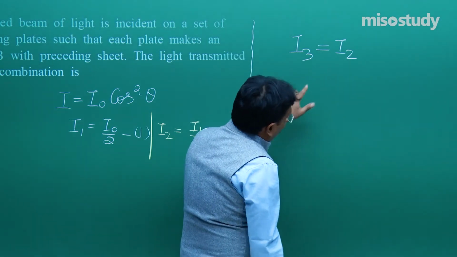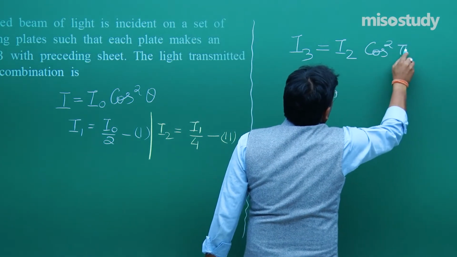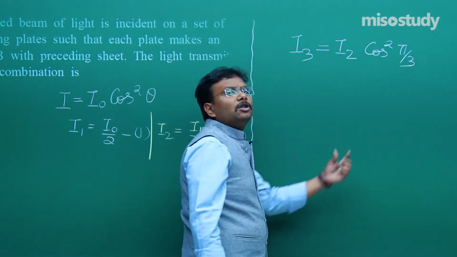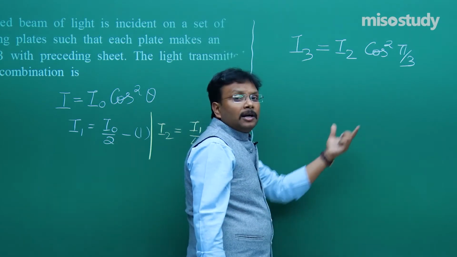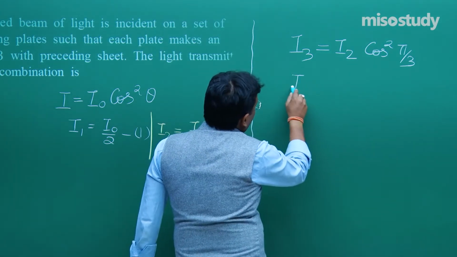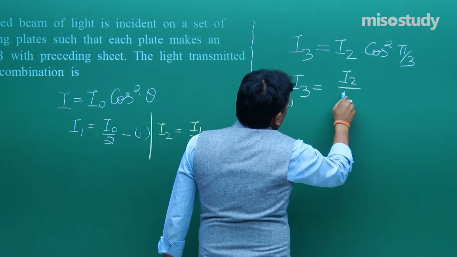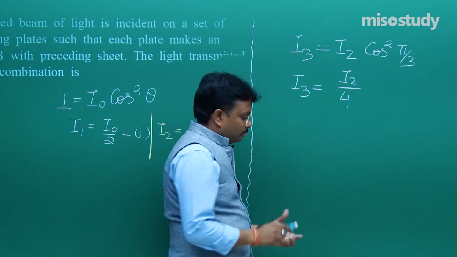So I3 is equal to I2 cos square pi by 3. Let us put the value as such. Now it is again going to be 1 by 4. So you can say I3 is equal to I2 by 4. Equation number 3. Fine.